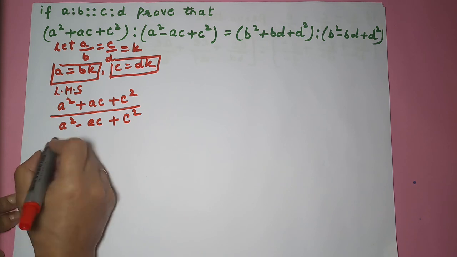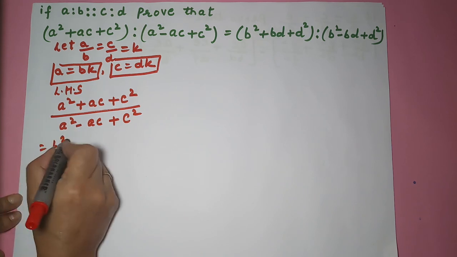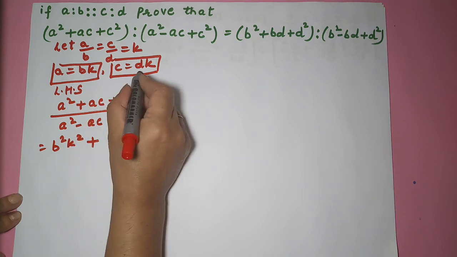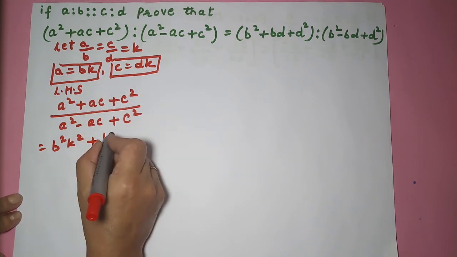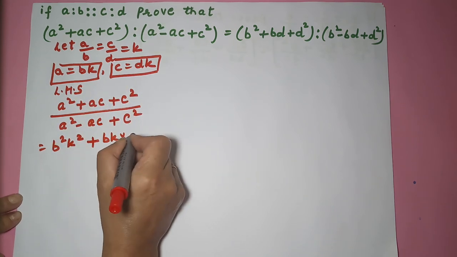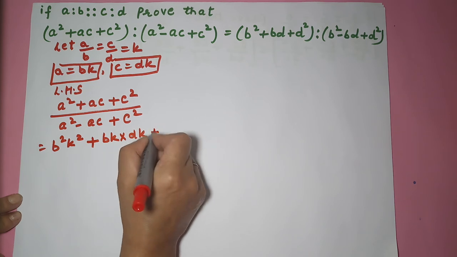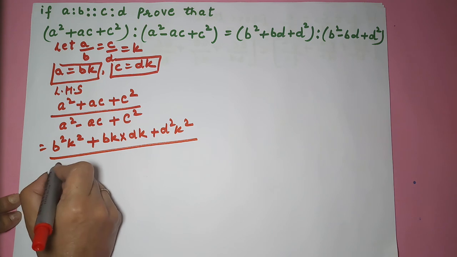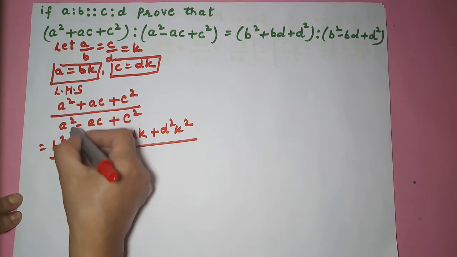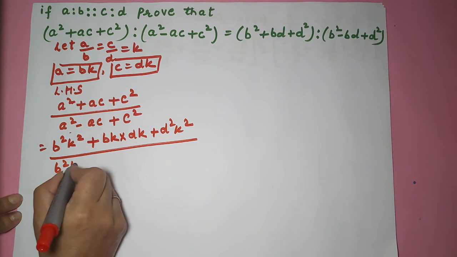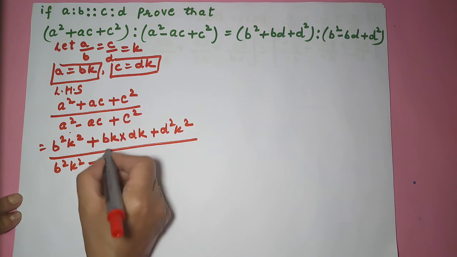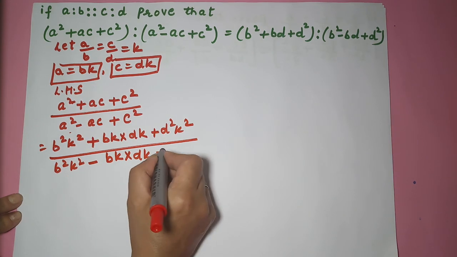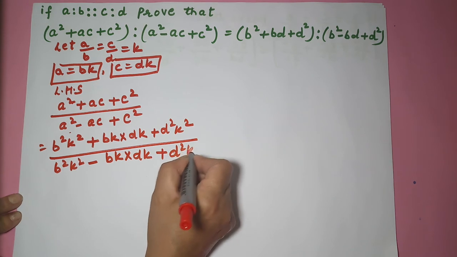A square, B square K square plus A into C. A is BK into C is DK, plus C square is D square K square, divided by A square. You can now replace B square K square minus BK into DK plus D square K square.